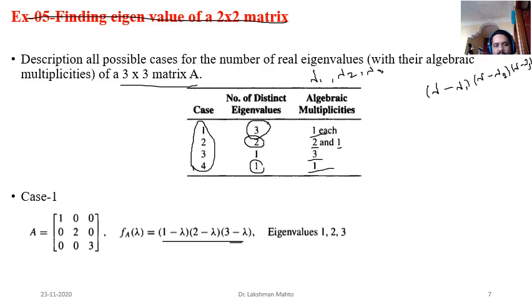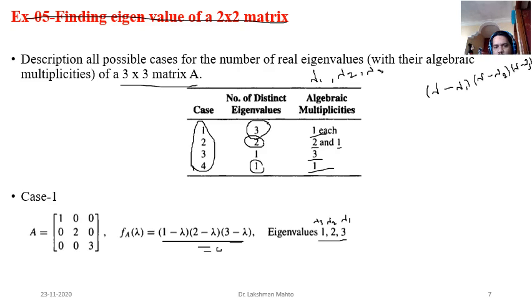If you equate it to 0, then you will get your eigenvalues. So what are the eigenvalues? Lambda 1 equal to 3, lambda 2 equal to 2, and lambda 3 equal to 1. So we got three distinct eigenvalues, and we can observe that all have multiplicity 1.